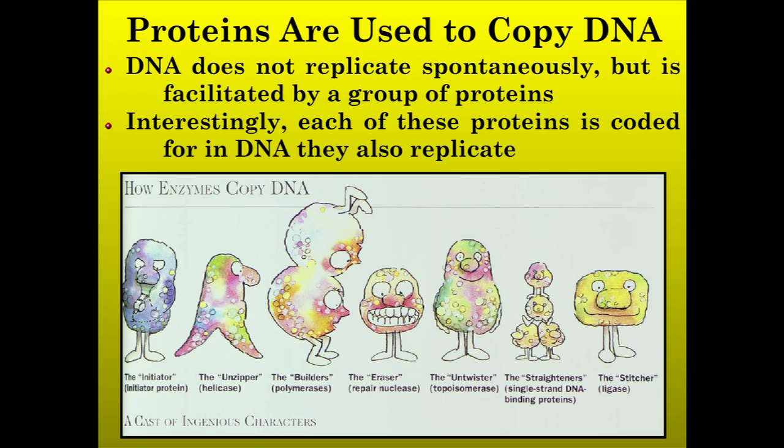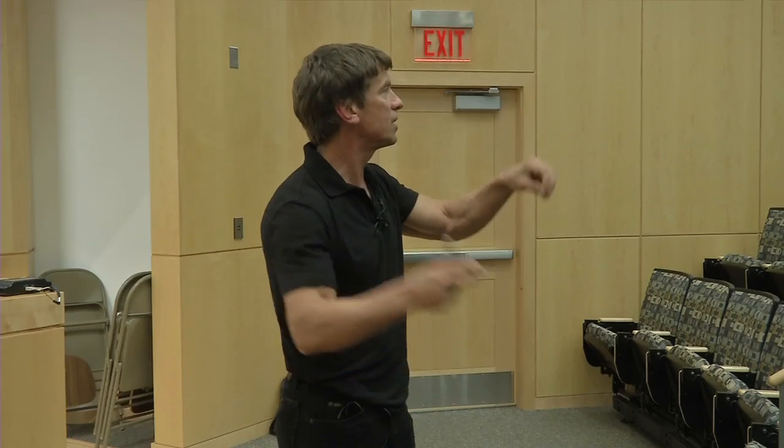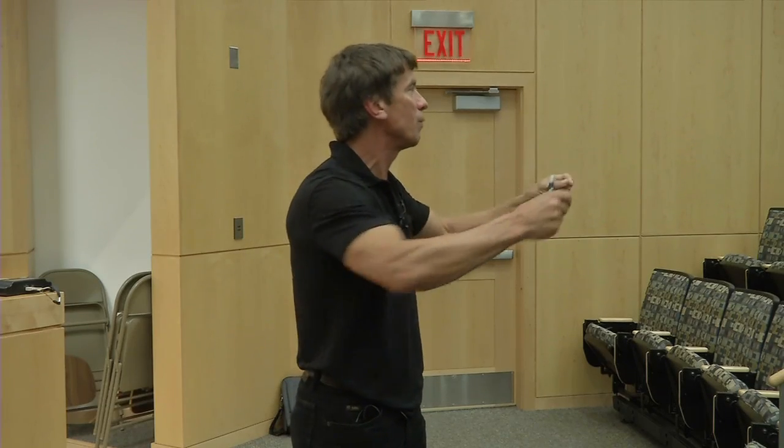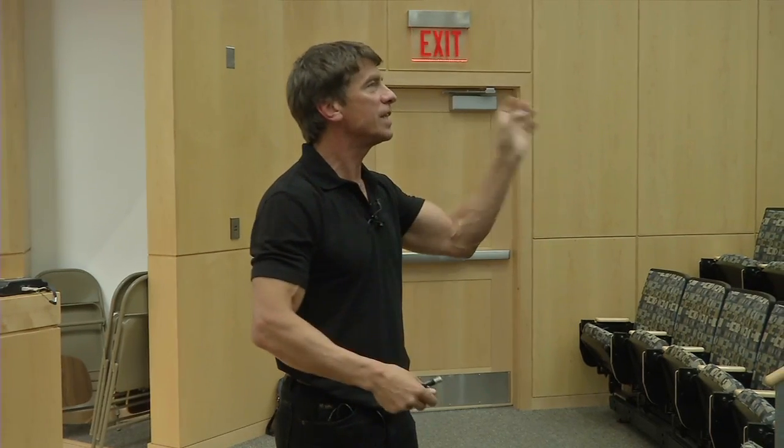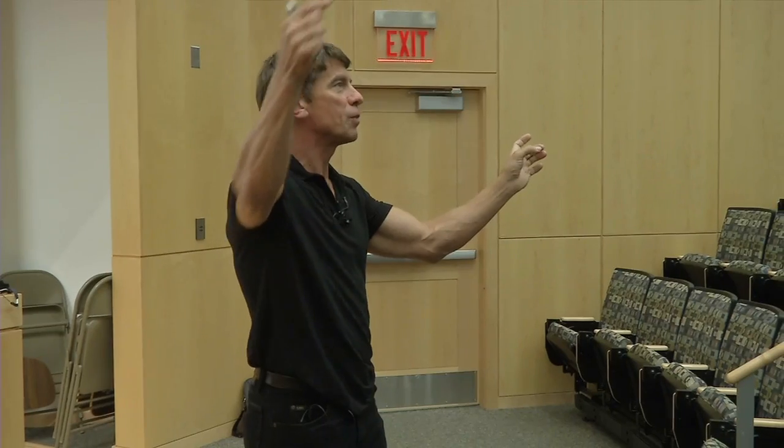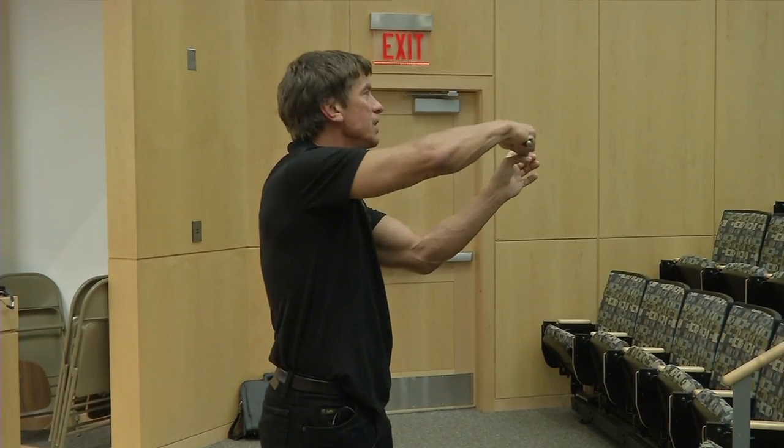There are a whole series of proteins that are involved in copying DNA, represented here by these cartoon characters. We've got one that initiates where DNA will start to copy. It just doesn't start at the end and work its way from one end to the other. There are actually initiation sites. This protein recognizes one of those initiation sites and the DNA copying process starts.